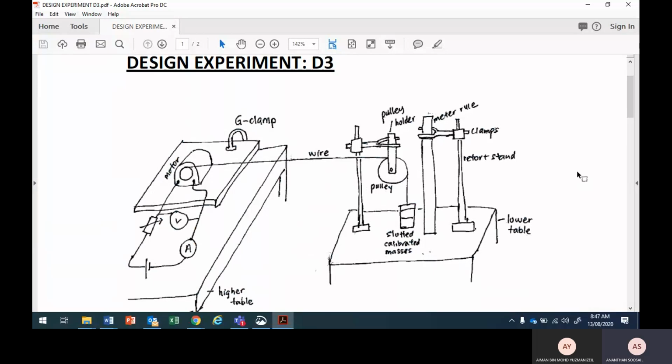The pulley in the diagram, you can put a frictionless pulley, or you can write it later under detail.